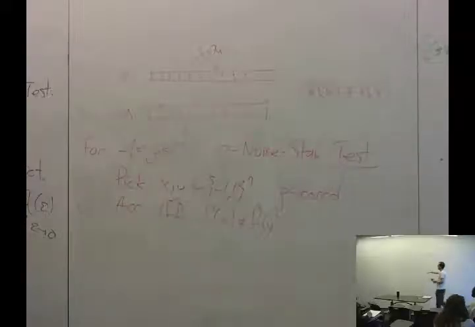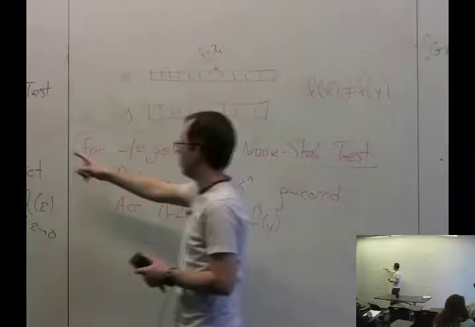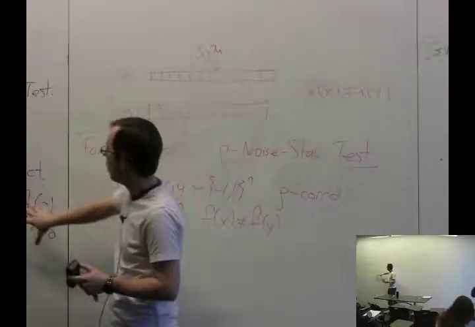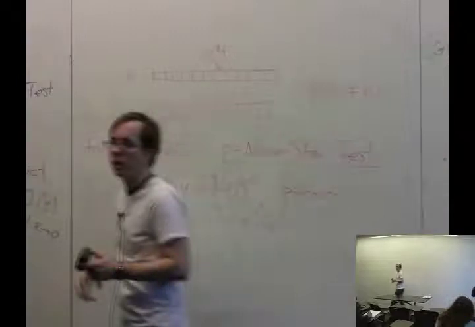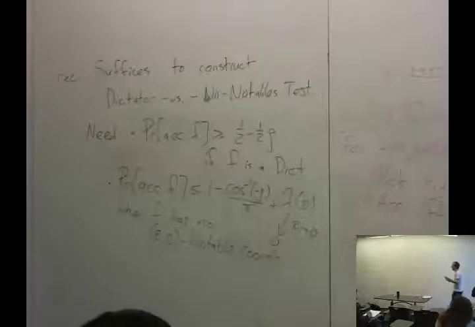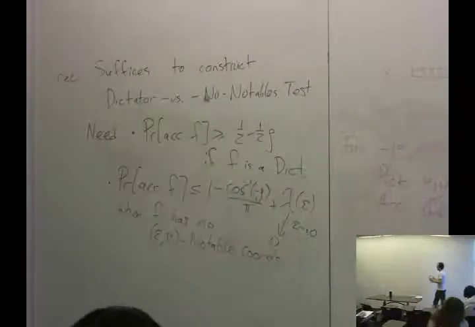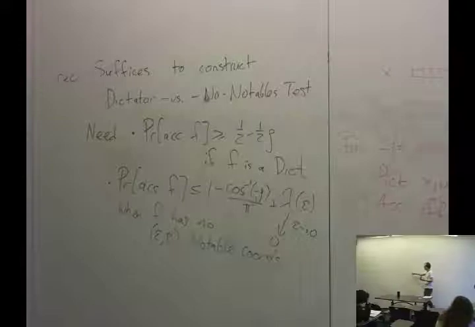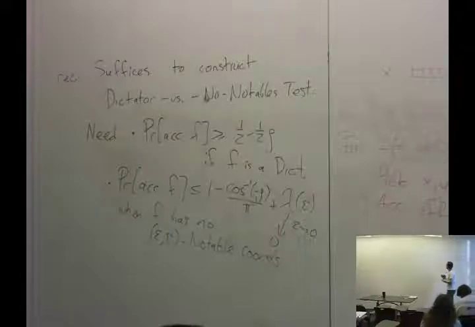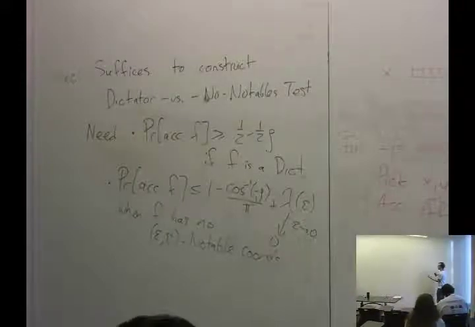This is going to be our test. We're going to check this in 1 second. It's very easy, and the whole main part of the work will be going in to show this: that if you're far from being a dictator, then this is measuring your noise sensitivity or stability, and the probability of acceptance will be a lot lower.